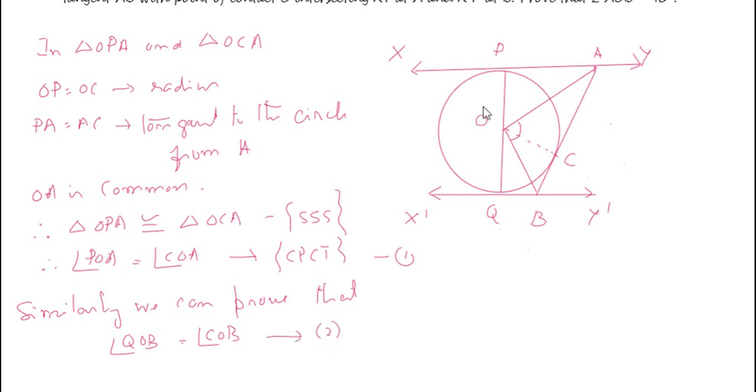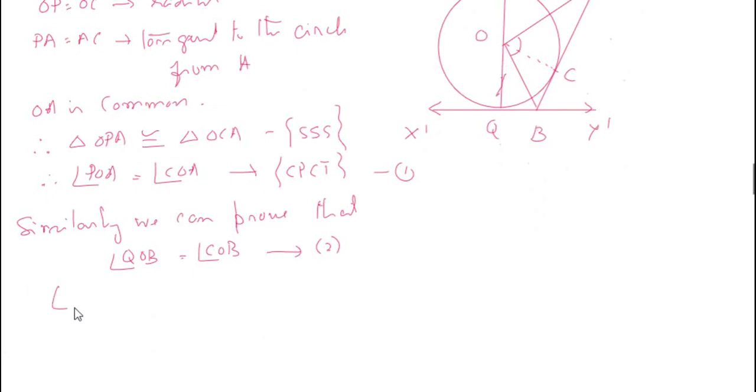It is 2. Now let us add all angles on this line PQ. That is angle POA plus angle COA plus angle QOB plus angle COB. When you add all these four angles, that is the angle on a straight line, that is 180 degrees.